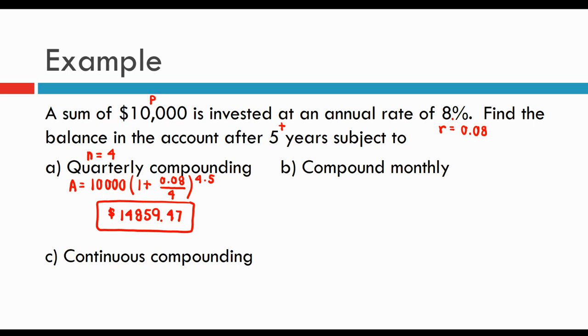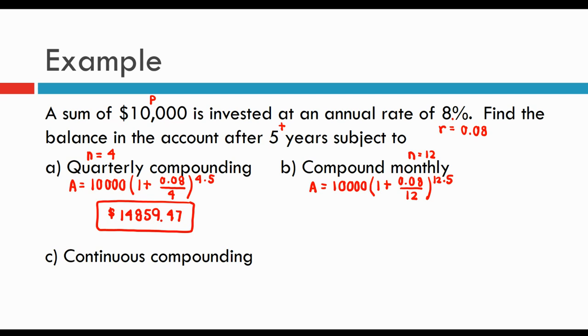If I'm talking monthly, then our n value is 12, but everything else in our problem is the same. So A equals 10,000 times (1 plus our rate of 0.08, but now we're dividing by 12), and now that's raised to the 12 times 5 power. Once again, very carefully type all of this into your calculator, making sure you don't lose parentheses.